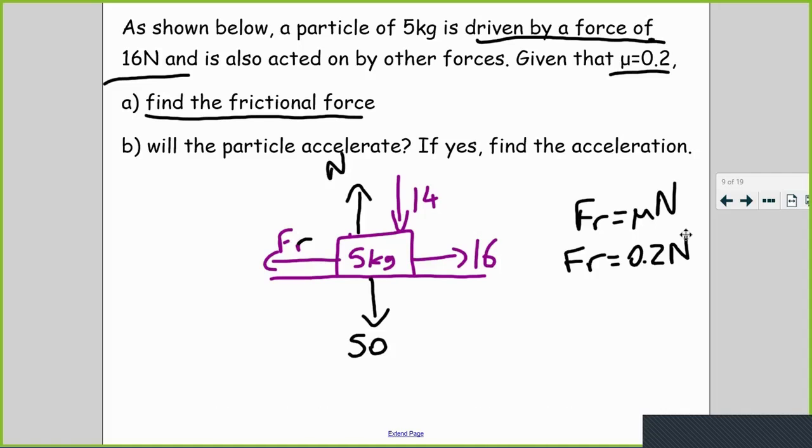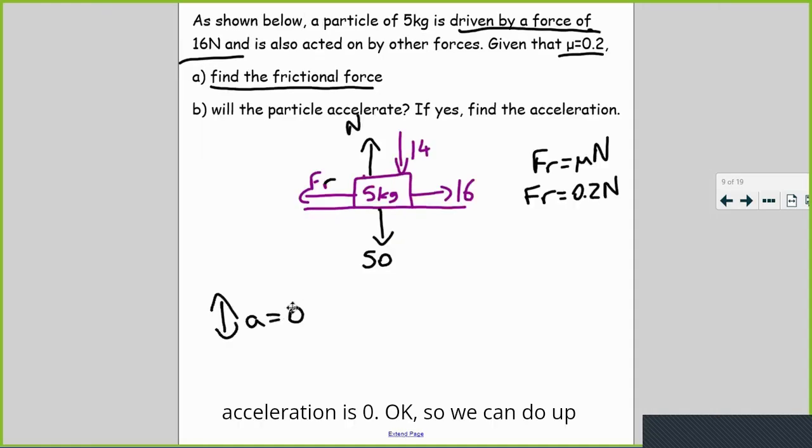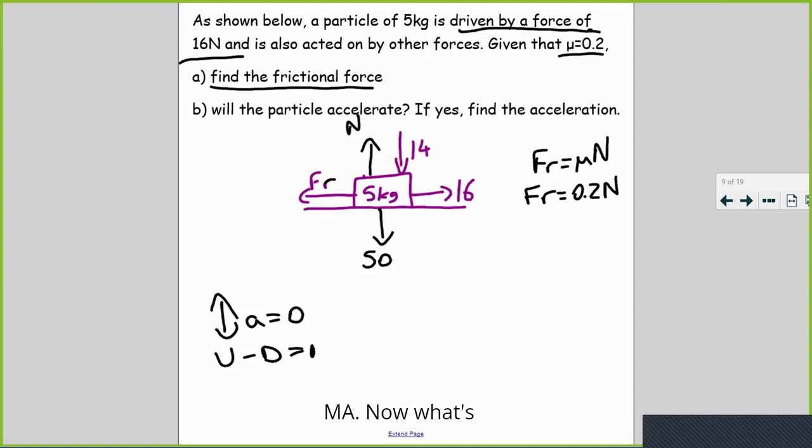Okay. Now this particle is moving horizontally. There is no vertical movement, right? So vertically, acceleration is 0. Okay, so we can do up minus down equals ma. Now, what's going up? We have n going up. And what's going down?